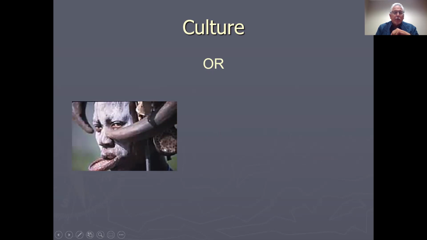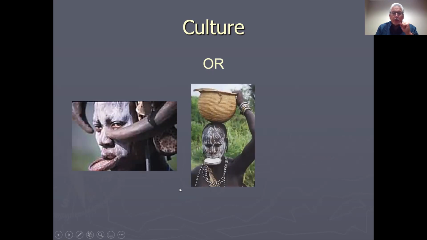They also have them in their ears, which we'll see some more of. This lady is looking very attractive in their culture. This one may be even more attractive. Her lip plate is bigger and everything, and you'll see here her ears.